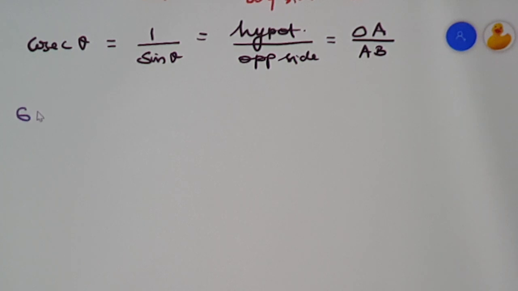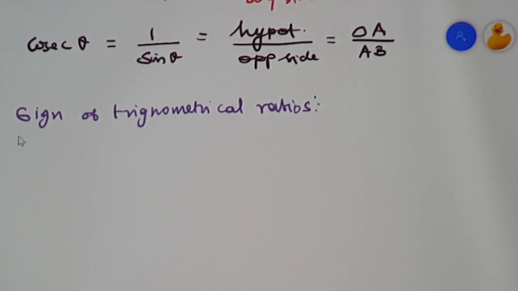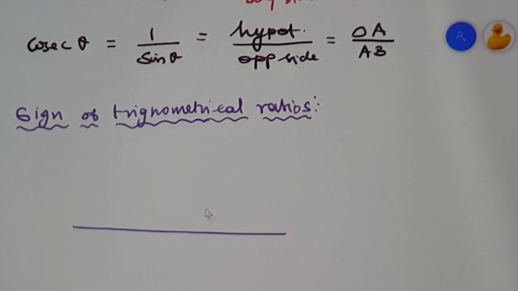So I put the heading as the sign, either plus or minus, of trigonometrical ratios. All these concepts you must have studied in your 10th standard or 9th standard. Here I am just recalling what you have studied.